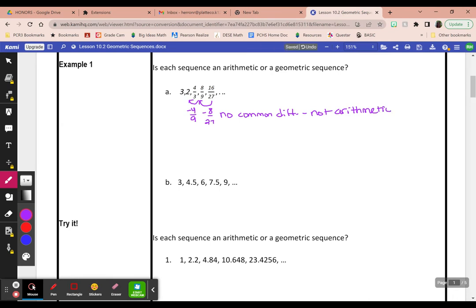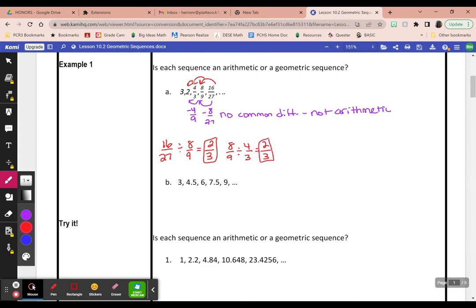So we're going to divide back to front, same thing. So if I take this one and go this way, I'm going to have division. So 16/27 divided by 8/9, and if we type that in, we get 2/3. Okay. And then do the same thing: 8/9 divided by 4/3, and that answer again is 2/3.